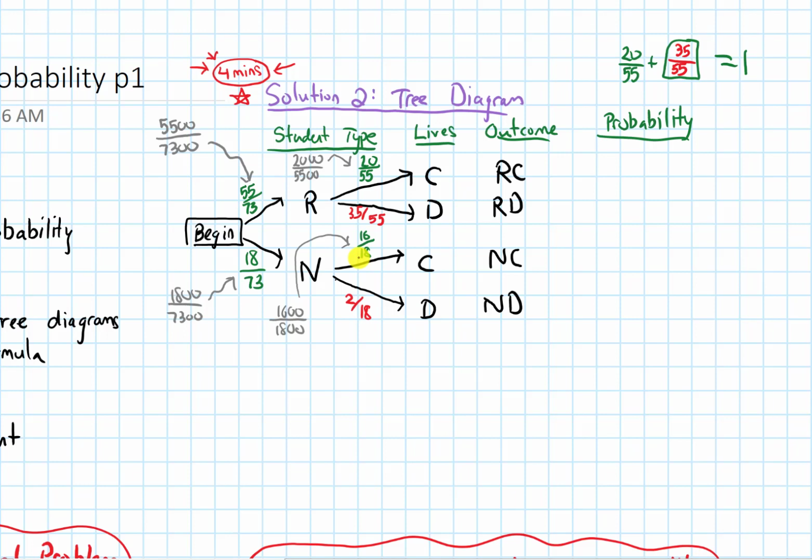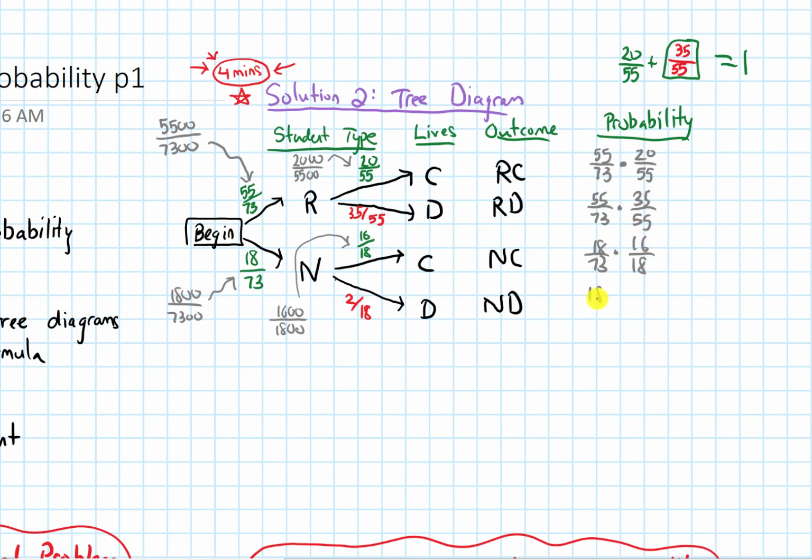Alrighty, so let's write down the probabilities. For this first outcome, we're going to have 55 over 73 times 20 over 55. The next one is 55 over 73 times 35 over 55. Then we got 18 over 73 times 16 over 18.